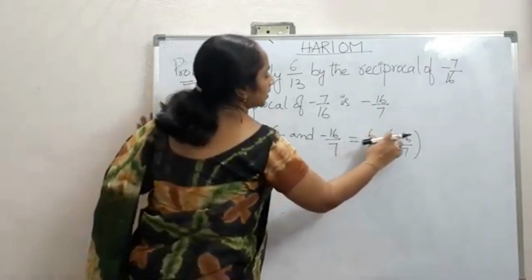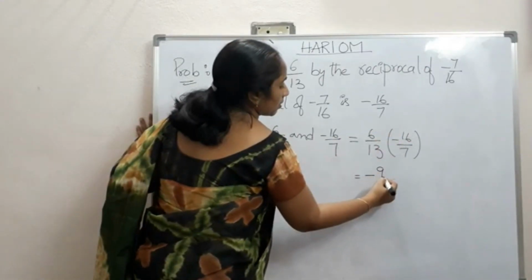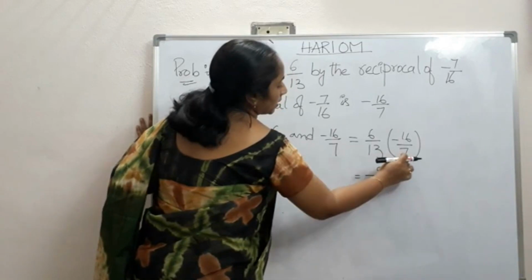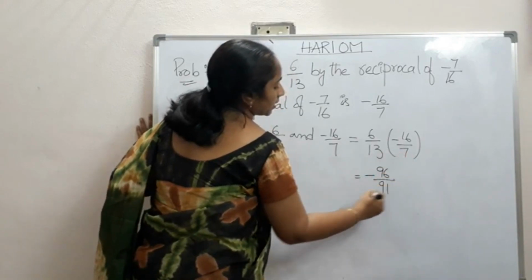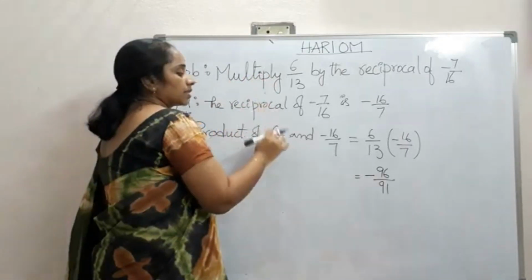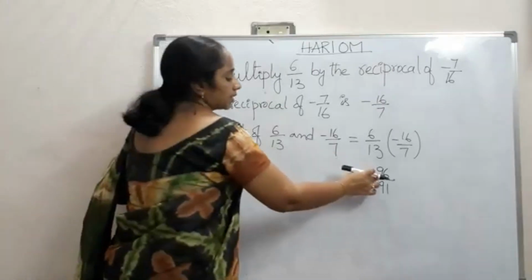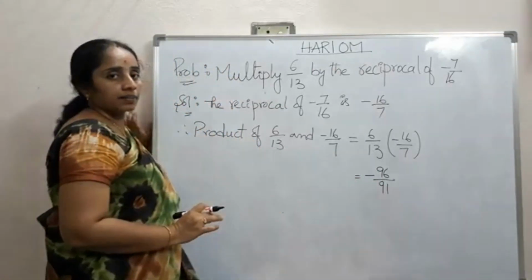Now 6 into minus 16, it is minus 96 by 13 sevens are 91. So the product of 6 by 13 and minus 16 by 7 is minus 96 by 91.